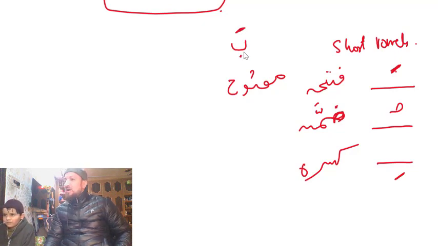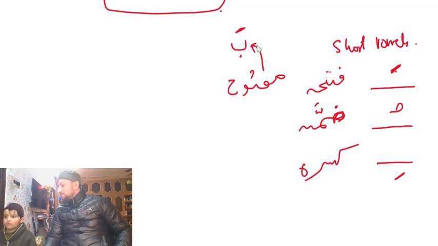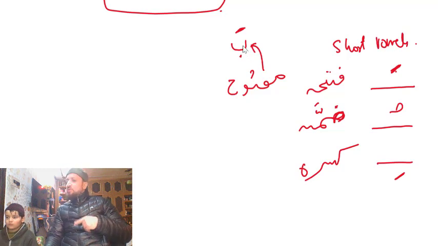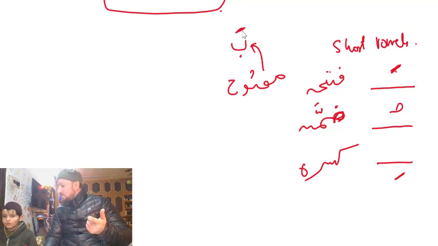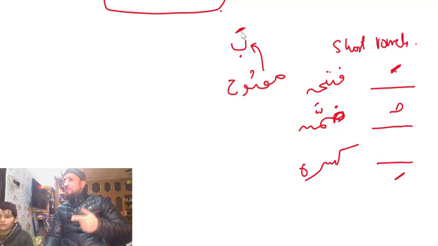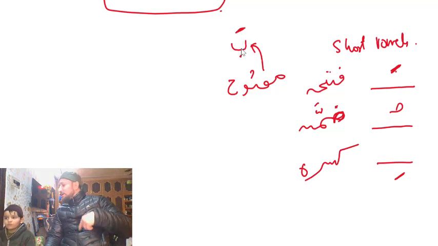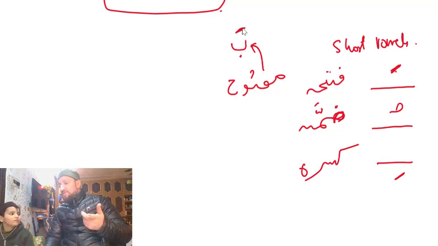Which haraka is on it? Fatha. So this one is called maftuh. The ba is maftuh, and the ba is mutaharrik also. Why mutaharrik? Because we have a vowel on it. If it has a fatha on it, then it's maftuh. But if it has a vowel on it, it's mutaharrik.